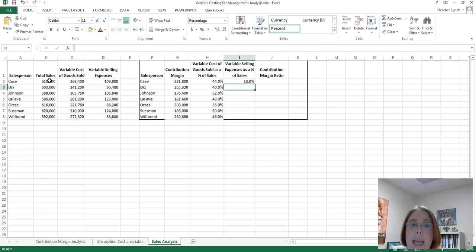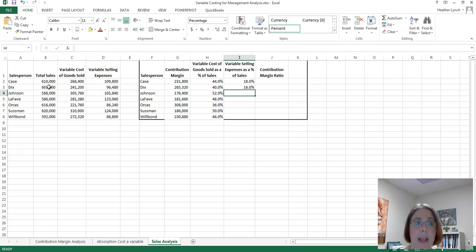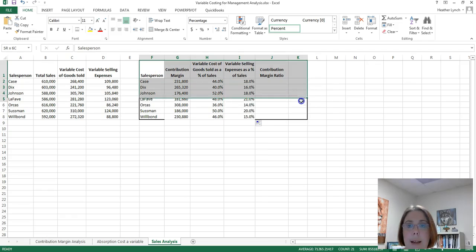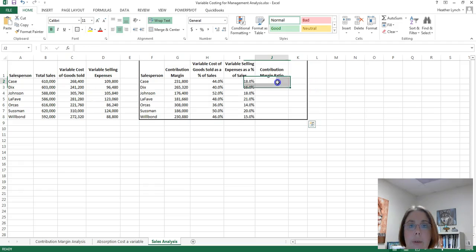And what this is saying is 44% of our total sales went to variable cost of goods sold, 18% of our total sales went to selling expenses. Okay, so then I can take the 96,480, divide that by the 603. And I'm just going to copy that down.